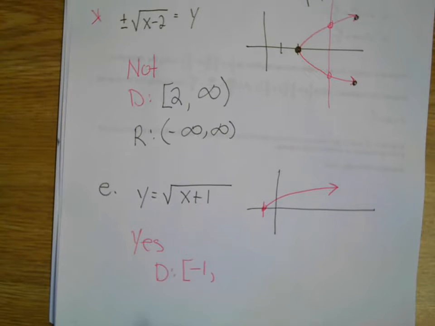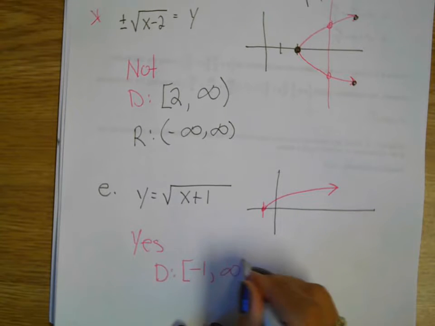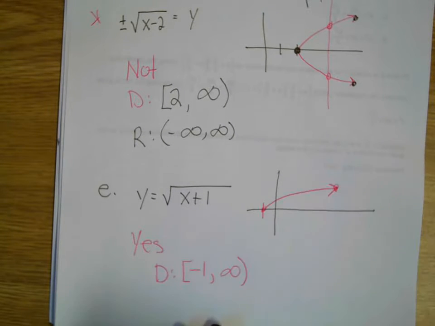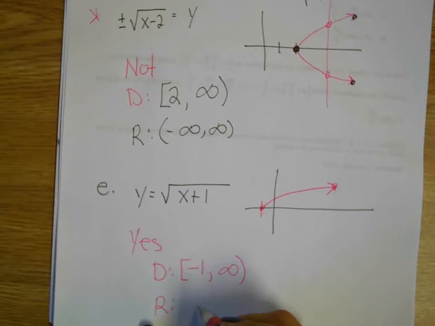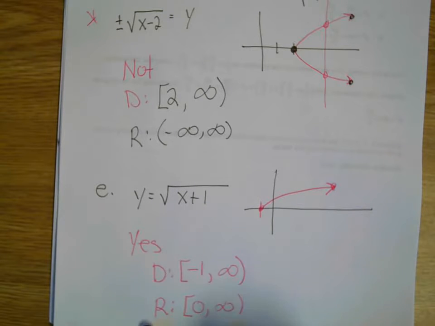How far to the right is it going to go? Infinity. I'm on an arrow. Arrows are infinities. Range. Low to high. Caden. 0, infinity. Perfect square there, rounded there.